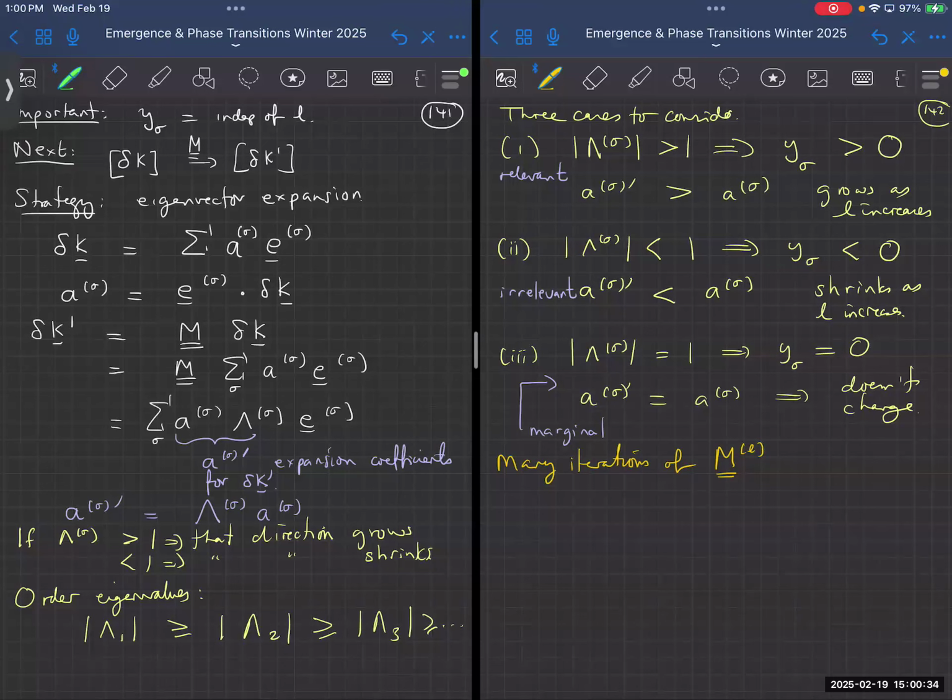We're going to assume that we can do that. And then what's going to happen is only the components of delta K which are larger than 0 survive.